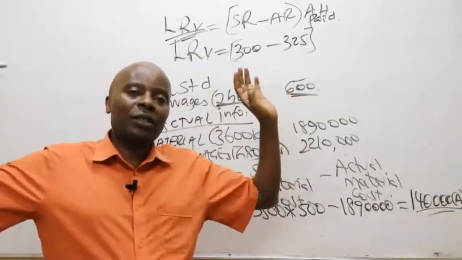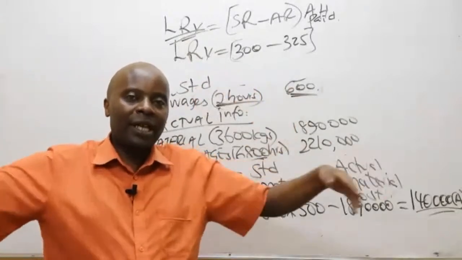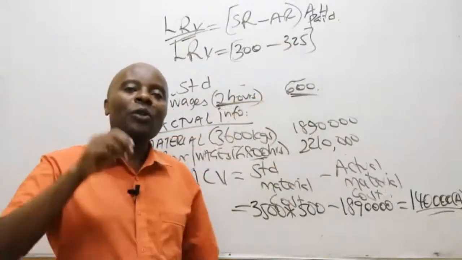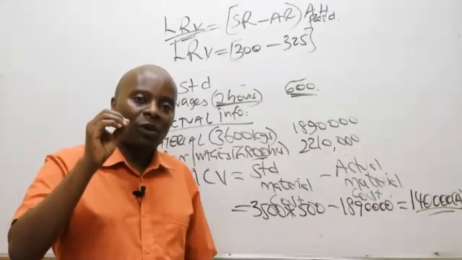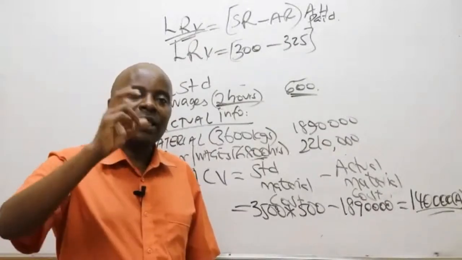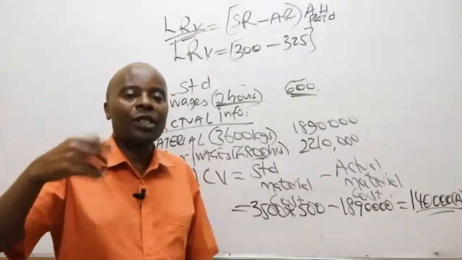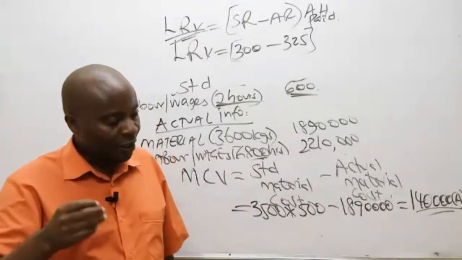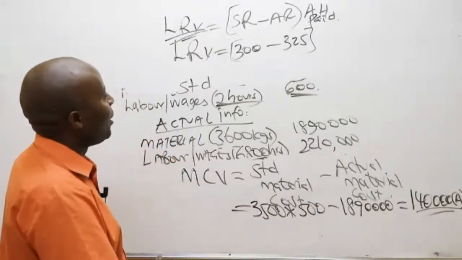Nowhere else. All the other variances which need actual hours, we normally use the actual hours worked. So in short, actual hours paid are only used while computing the labor rate variance only.